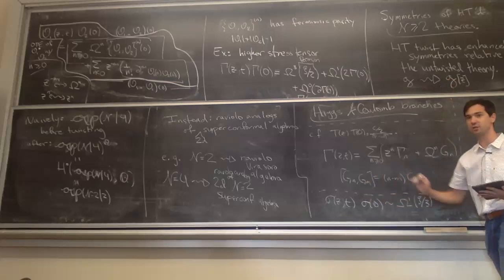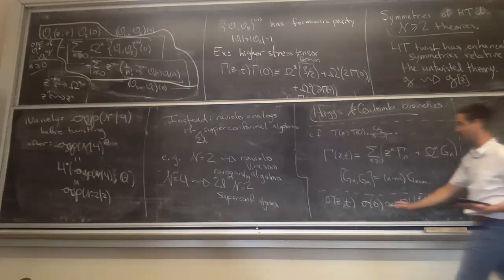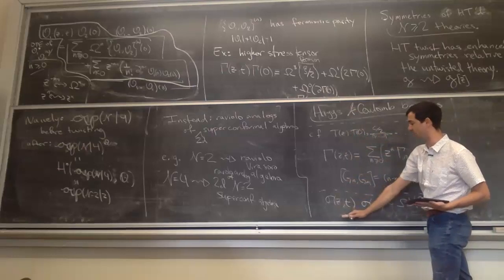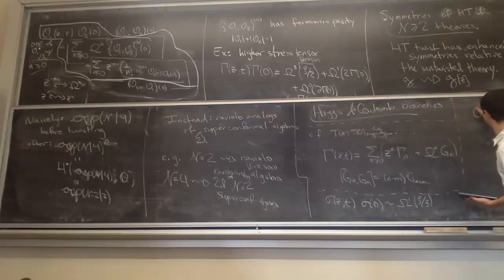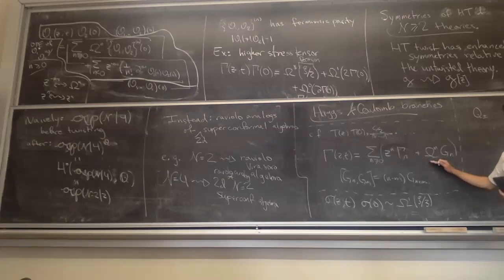And then there's also the creation modes coming from Z. And in addition to this stress tensor and current, we're going to have additional operators, Q plus minus, that have OPEs that are essentially copy and pastes of the superconformal algebra's OPEs.